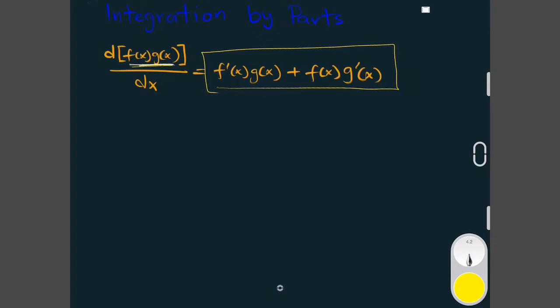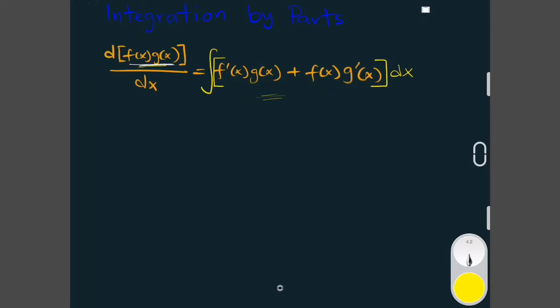But what if we had this and we were trying to get the two functions that got us this? How do we go about it? Well, it makes sense to take the antiderivative of this derivative with respect to x of this side to get us this side.